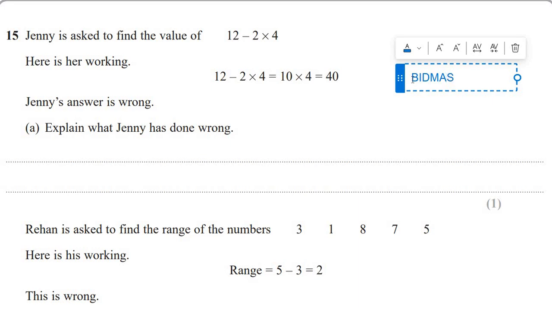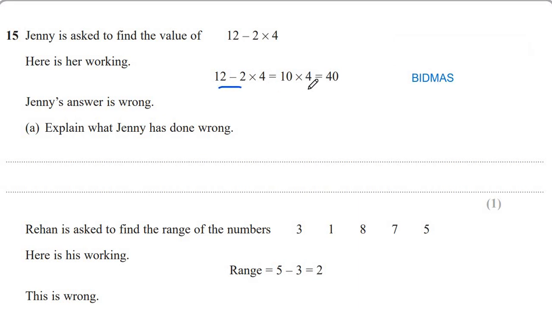So I think she should have done the multiplication first, but she subtracted first, and then she got 10, and then she multiplied by 4. So that is what was wrong.